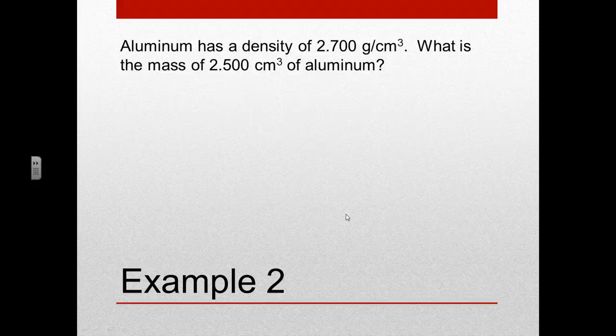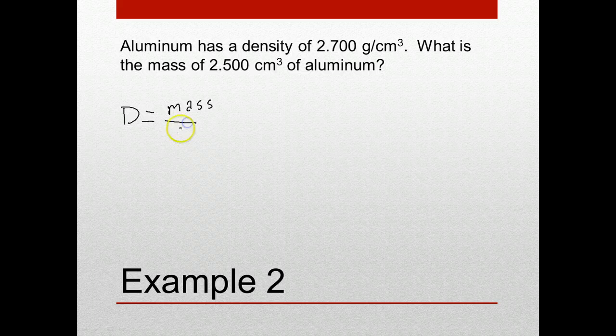Another example, we're solving for something else. Aluminum has a density of 2.700 grams per cubic centimeter. What is the mass of 2.500 cubic centimeters of aluminum? Your density is going to be equal to mass divided by volume.